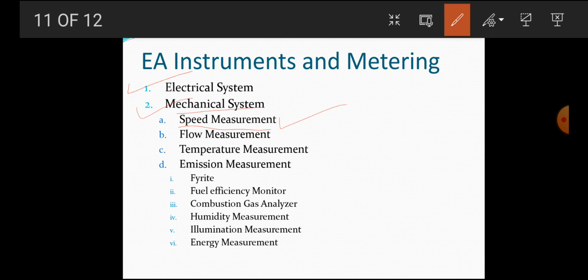A tachometer is a contact type speed measurement device. The probe of a tachometer is kept in direct contact with the rotating machine element, and it displays the RPM. So that is one speed measurement device.